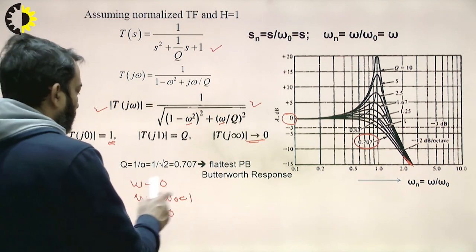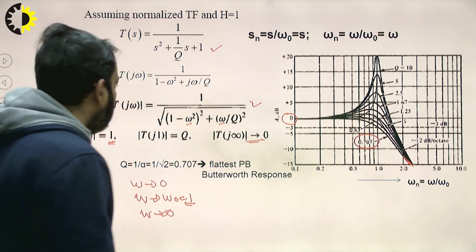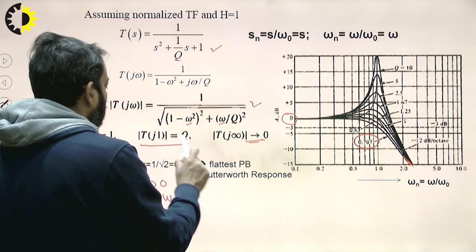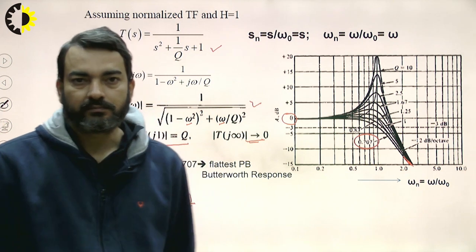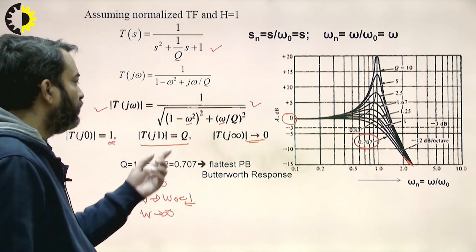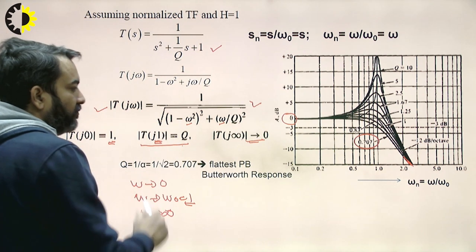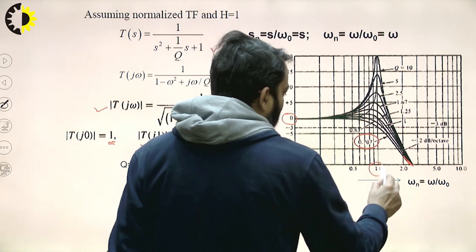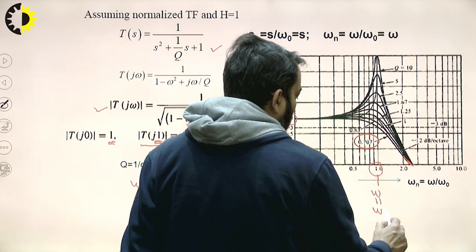And at omega equal to 1, that is omega equal to omega naught, we will get mod T as Q. So what is the meaning? As Q value increases, note that this is at omega equal to 1, this is the point, or we will say this is the point omega equal to omega naught.